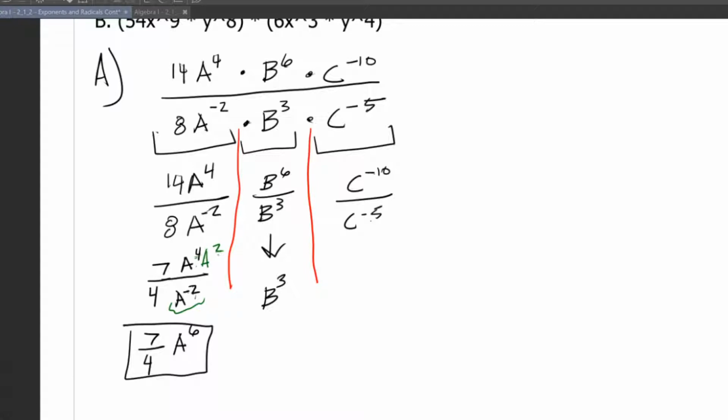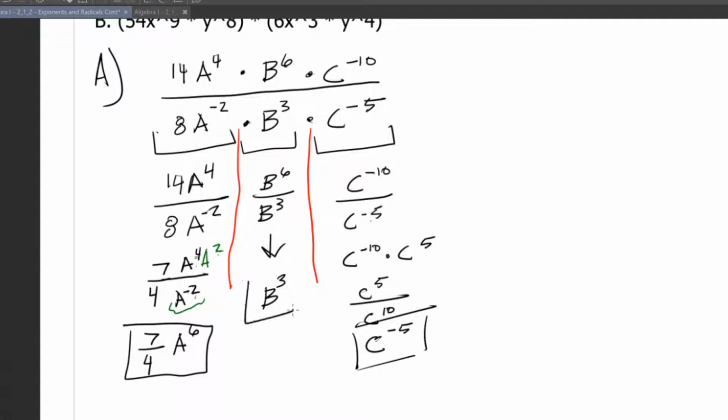Weird, but let's do this one step at a time. We have C to the negative 10 times C to the 5th, and then that would also be C to the 5th over C to the 10. We subtract these, and that would give us C to the minus 5. Right there, and then boom.